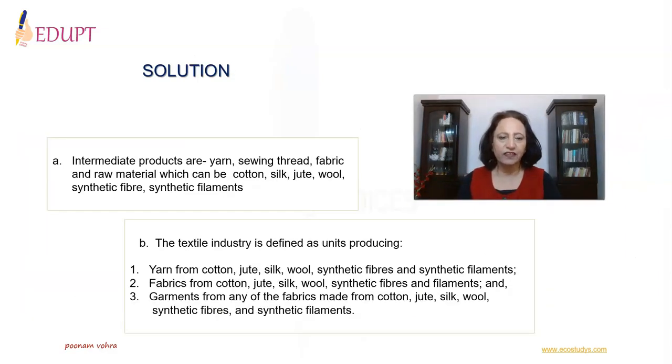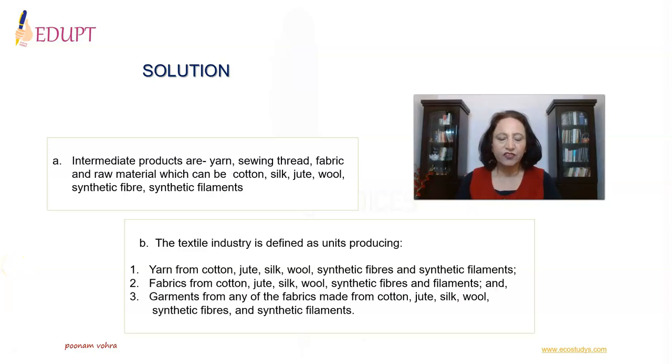Please check your answer. Intermediate products are yarn, sewing thread, fabric, and raw material which can either be cotton, silk, jute, wool, synthetic fiber or synthetic filament.